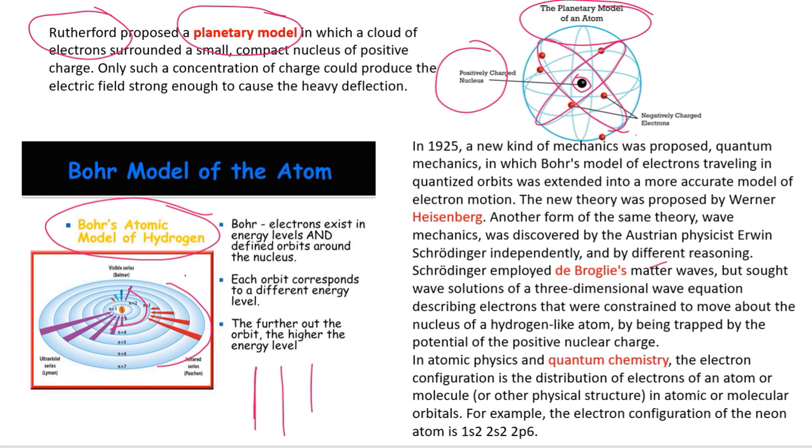His model said that in the nucleus we have the protons that were positive, and around the nucleus in orbits that represent levels of energy were the electrons.